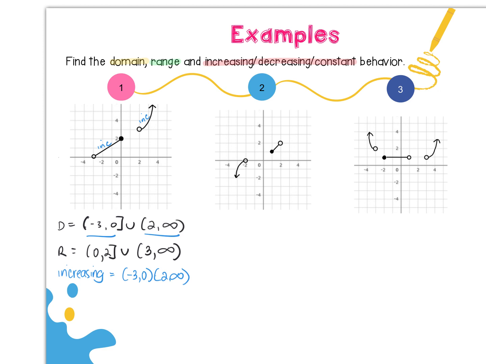So that's pretty much done. Now, again, I'll go to the next one, and I start asking myself, well, let's see. My domain. As I move from left to right, I notice that this point, I know it looks like it goes straight down, but that's really a piece of a parabola. Just think of it as it goes out forever and ever. So notice that my graph is really going to infinity on the left. And so I know my domain is going to start at -infinity.